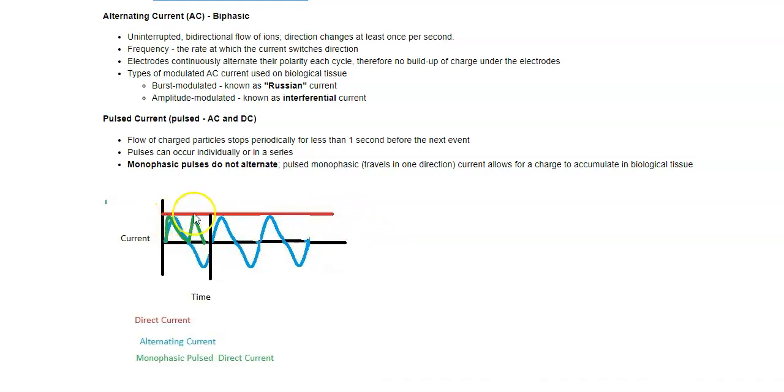So unlike direct current, which is continuous for at least a minute, monophasic pulsed DC current means that you have a single phase where it's going up and down, never crossing into the other phase. However, it is interrupted. So in less than a minute's time, there's a pause and then it may resume further down the road.